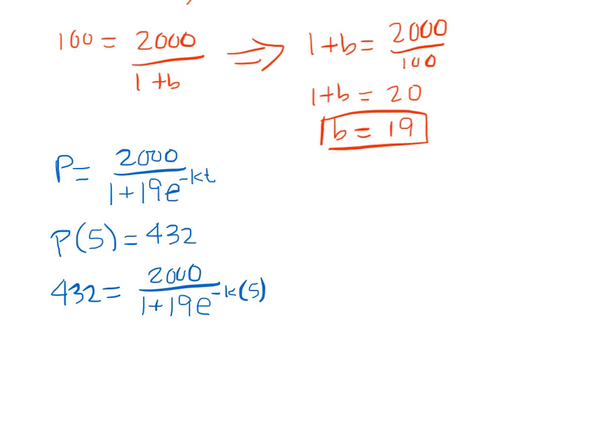When I multiply both sides by 1 plus 19e to the negative 5k and divide by 432, I get 1 plus 19e to the negative 5k equals 2,000 divided by 432.